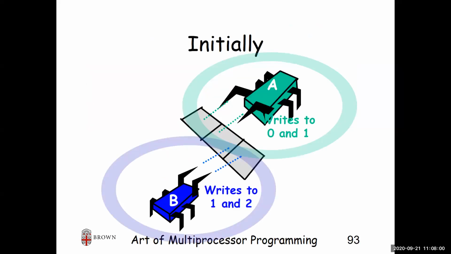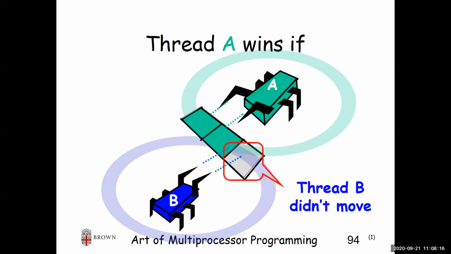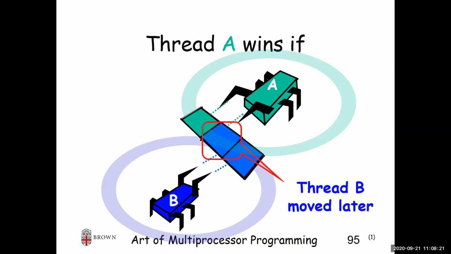Initially we have green trying to write to these two locations in memory, and blue is trying to write to these two. Thread A wins if thread B didn't move, or if thread B moved later.